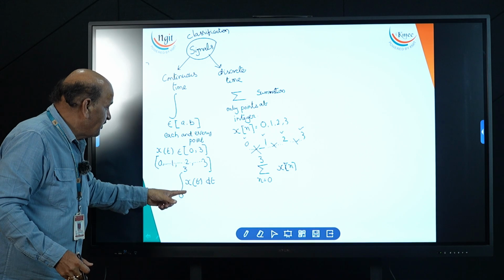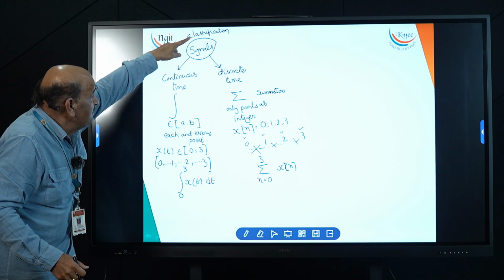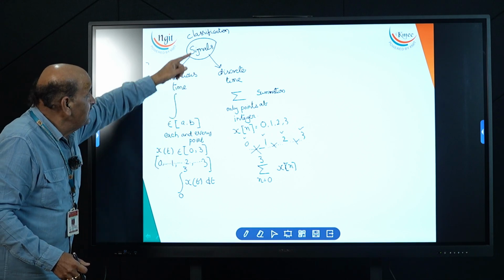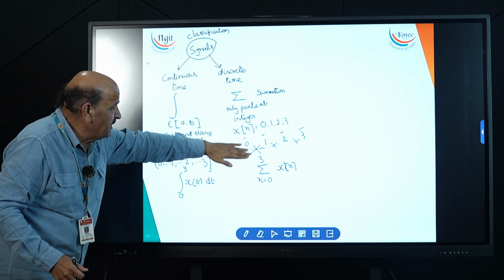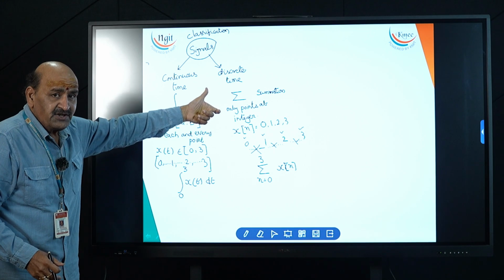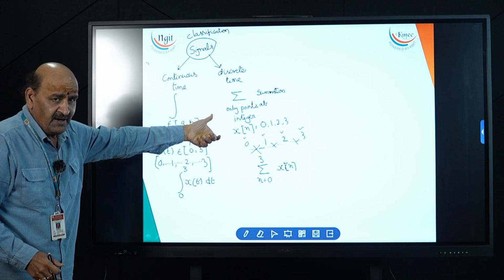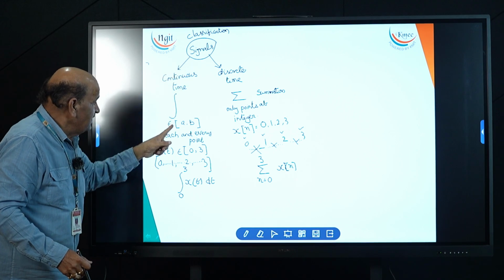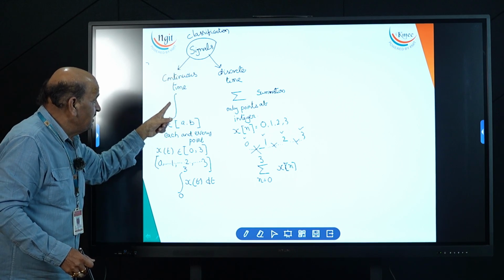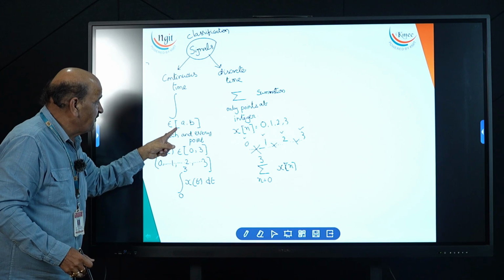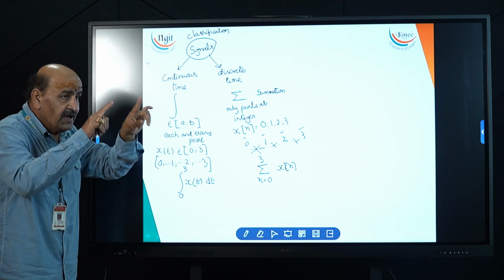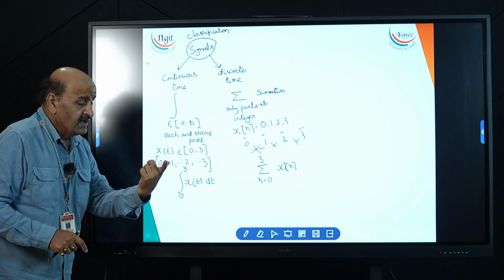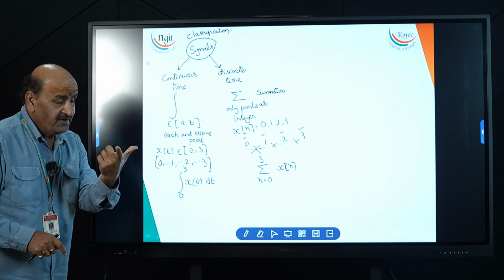So here in this concept, just look at the classification: come to the left branch, then come to the right branch, just like a binary tree structure in computer algorithm data structures. Now come here: continuous time signals are denoted by integration. Integration means continuous. Continuous means a closed interval between A to B, the width of the signal, with a starting point and an ending point.